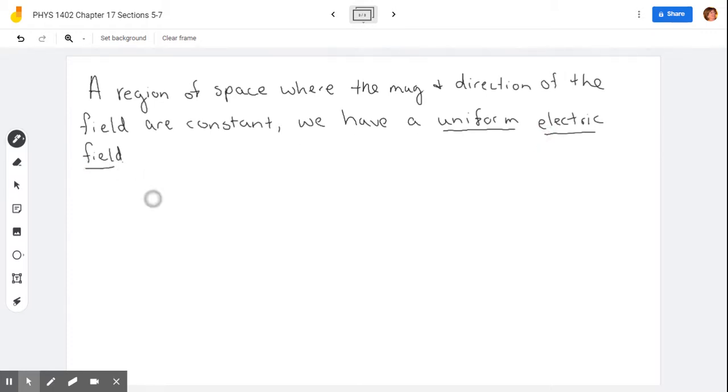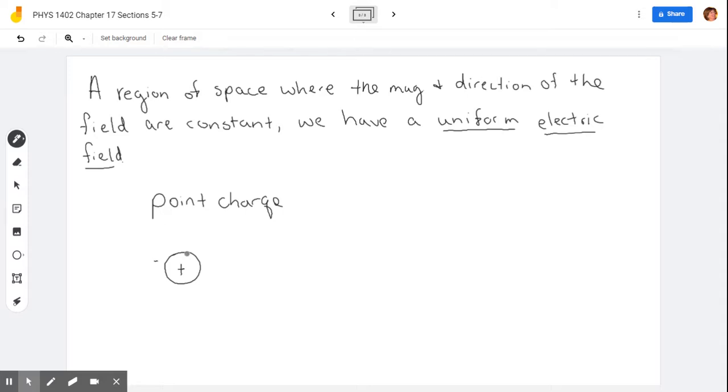Let's think for a minute. If we had a point charge, we can see that with a point charge, I'll let it be a positive point charge, the field is strong here when we're close to it and weak as we get farther away.